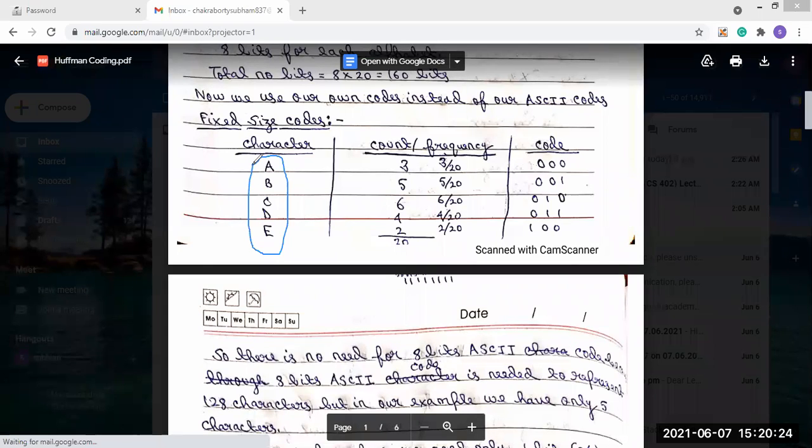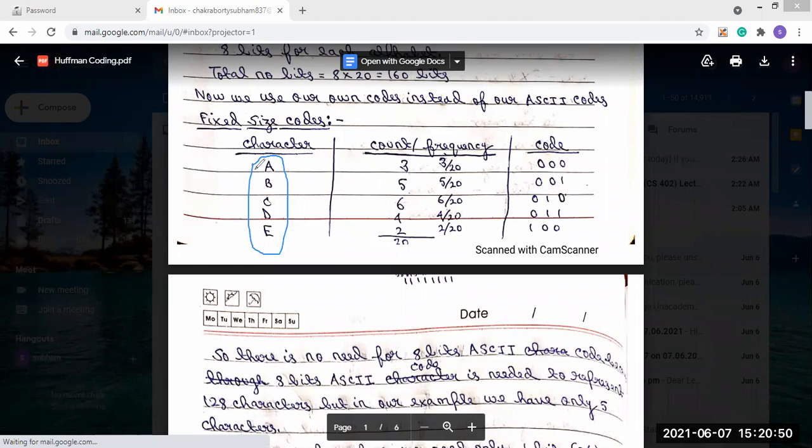The 8-bit code is used for representing 128 characters. Then why should I use it for representing only 5 characters? It is an unnecessary use. That's why we represent it with a 3-bit code.